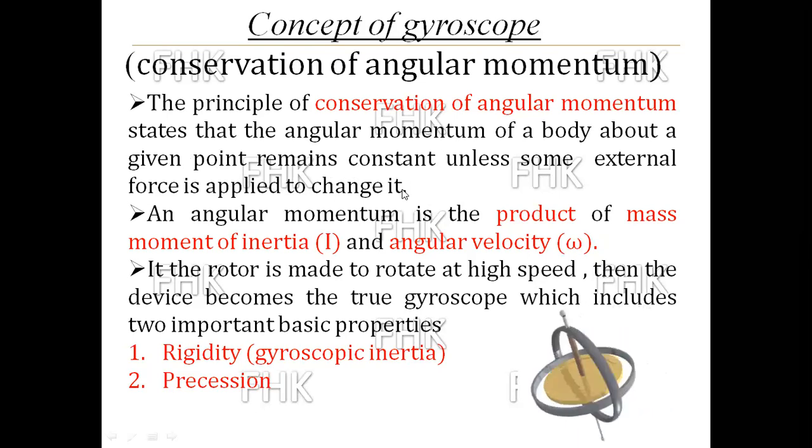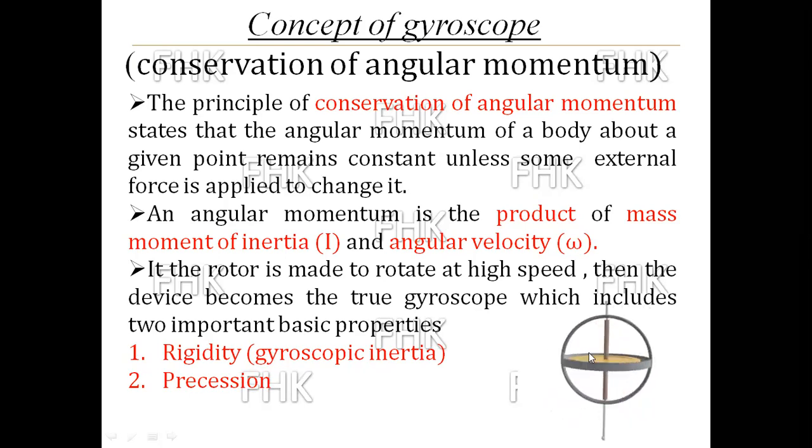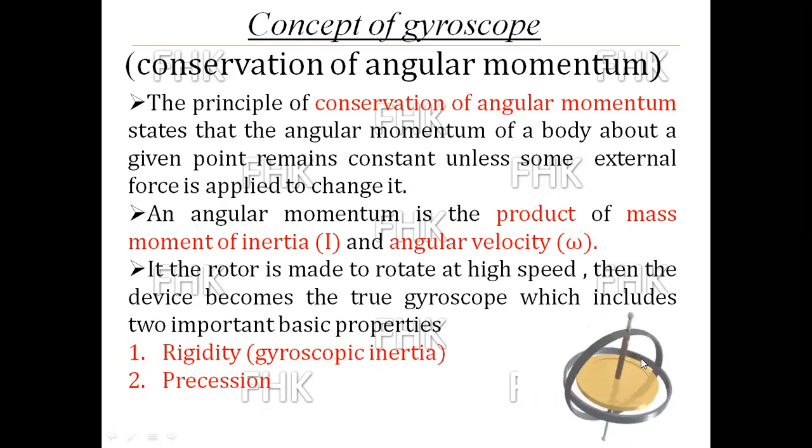We can understand that concept by the example of a rotating top or this rotating disc. This rotating disc continuously rotates until some external force is applied on it. That means the angular momentum will break when you apply an external force.